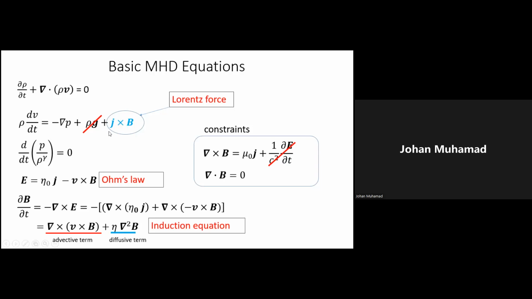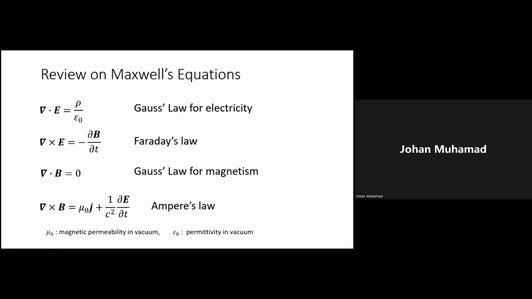This is the additional term that we add to the hydrodynamics equations in the equation of motion. And then we also have the energy equation. So now let's assume we just use something very simple like this.